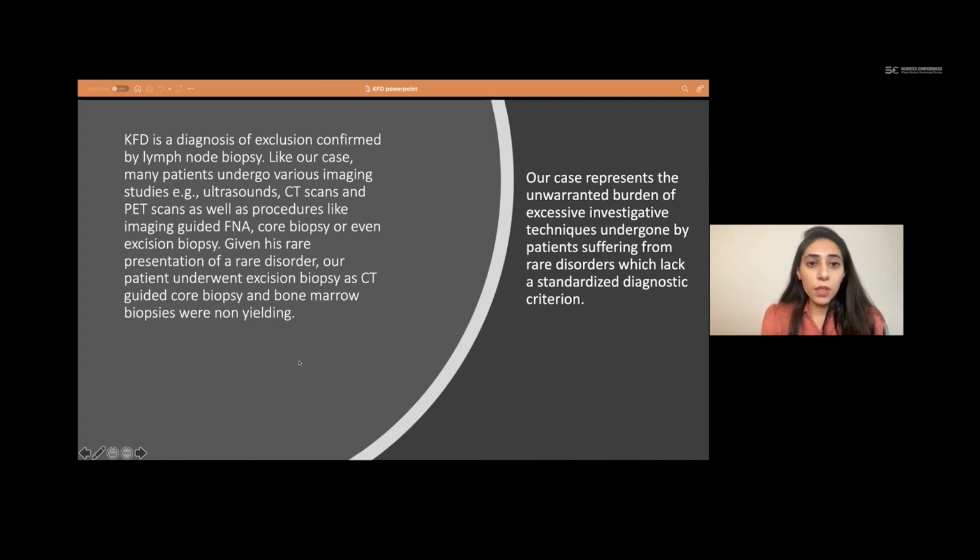So KFD is a diagnosis of exclusion, and it is confirmed by lymph node biopsy, like our case. But many patients undergo various imaging studies before we can come to that diagnosis. They undergo ultrasound, CT scans, PET scans, and invasive procedures, imaging-guided FNA, core biopsy, or even excision biopsy. Even our patient went through multiple biopsies before he was diagnosed.